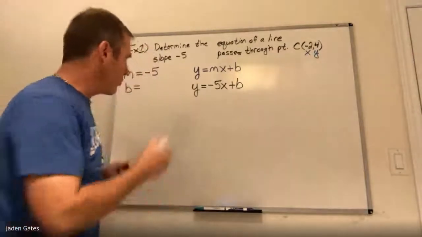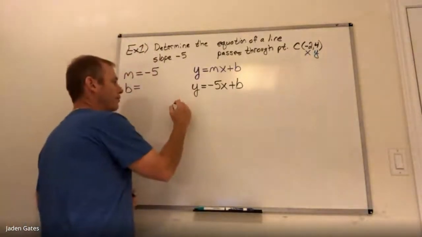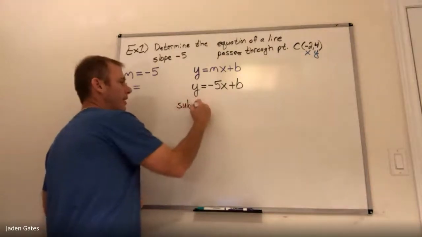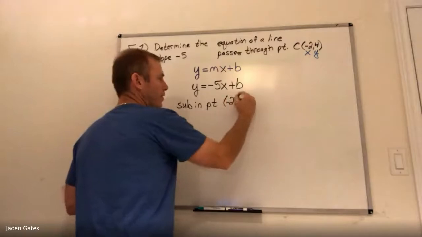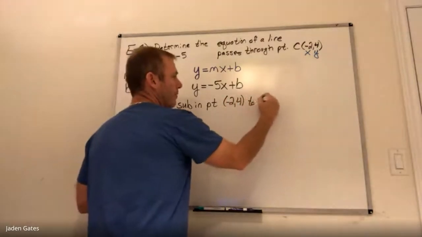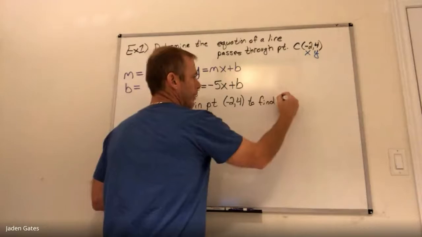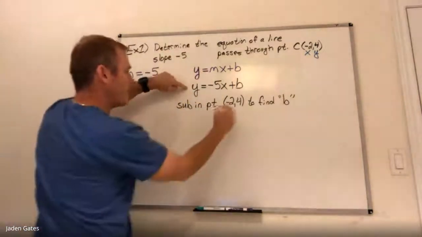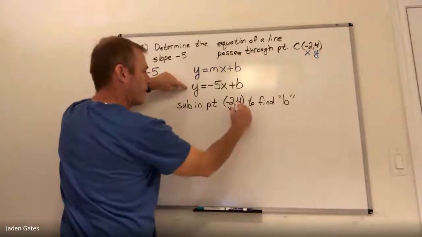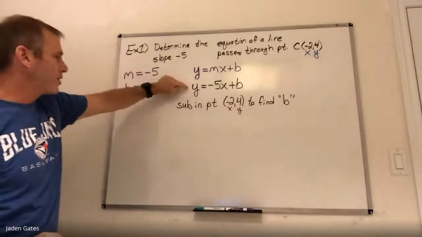So here's what I'm going to do. I am now going to sub in the point (-2, 4) to find b. Here's my equation. The x is -2, the 4 is y, and so I substitute in.